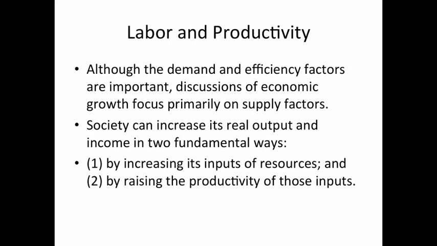One is by increasing its inputs or resources. So we can think about a production function. Think of a machine. More inputs going in, there's more output coming out the other side. So we can increase output by just increasing inputs of resources, but also by raising the productivity of those inputs. So how productive the inputs are can also foster economic growth.